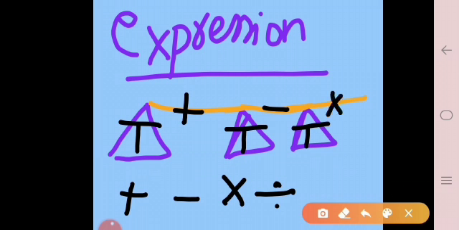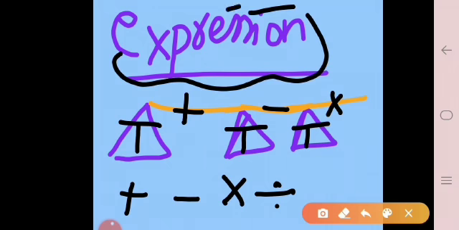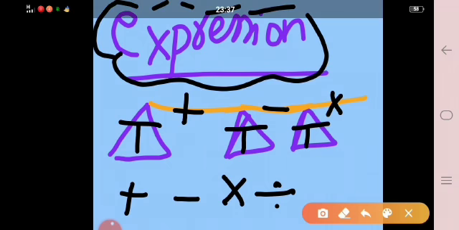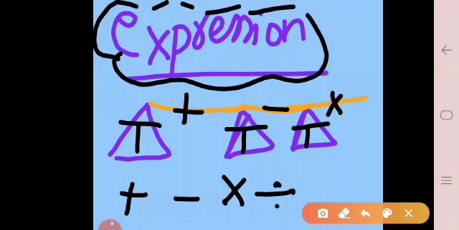जब हम बहुत सारे टर्म्स को एक साथ जॉइन करते हैं, कनेक्ट करते हैं डिफरेंट ऑपरेशंस के साथ, दैट इज़ प्लस, माइनस, मल्टीप्लिकेशन, डिविजन, सो वी गेट एक्सप्रेशन. We get expression. So let's take an example for that.